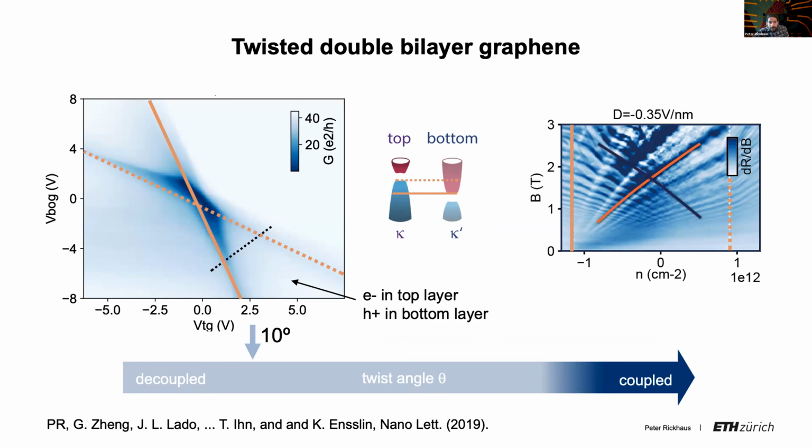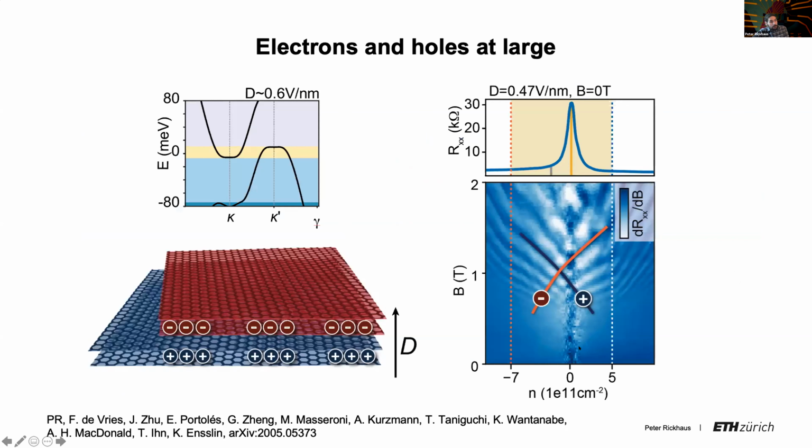But what we see now is that if we have these electrons and holes, there's a large resistance peak at zero density, just in this regime where you have the coexistence and where the single particle band structure is not gapped. And this peak is thermally activated, so it's a band gap. So by this, we can confirm this single particle band structure.